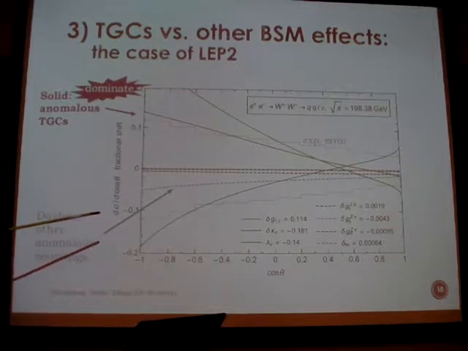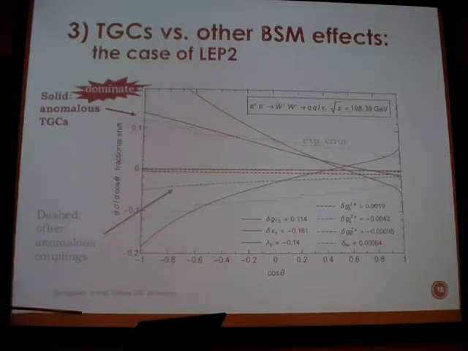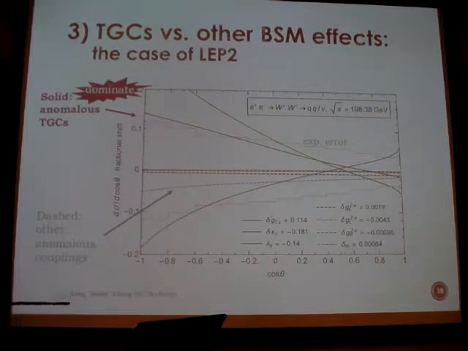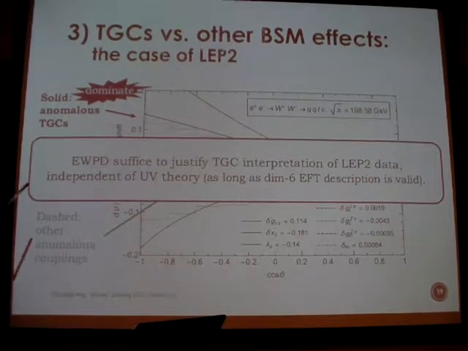And we see that in this case, indeed, these other parameters have a negligible effect on the conventional TGC analysis. So we're really justified in interpreting LEP 2 data as measurements of triple gauge couplings. And this is a statement independent of the UV theory, as long as the low energy EFT can be described by a dimension 6 EFT.